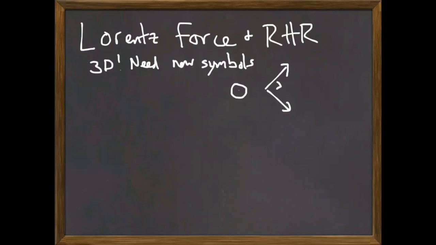And there's the vector going into the page, which we're going to denote by a circled X. And these are supposed to remind you in a mnemonic way of arrows. The left-hand one, so the outward direction, is supposed to be the tip of an arrow coming right at you. And the inward pointing one is supposed to be you looking at the tail feathers on that arrow. So it's not very graphically accurate, but it's supposed to help you remember which one is which.